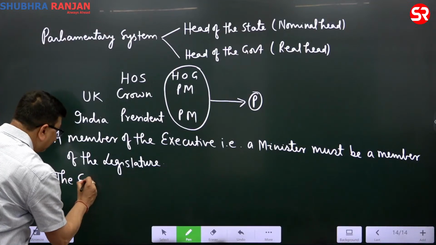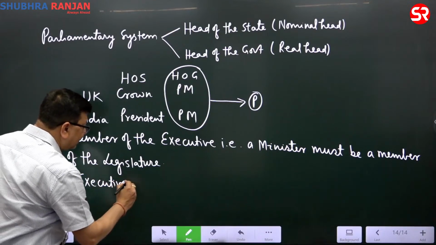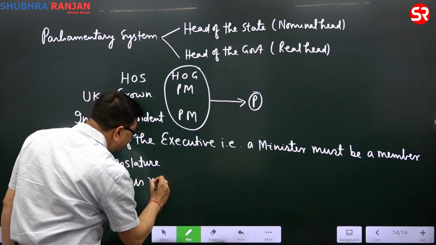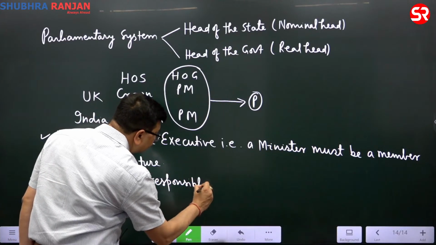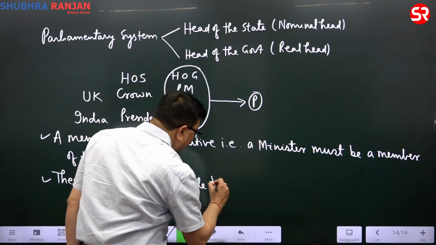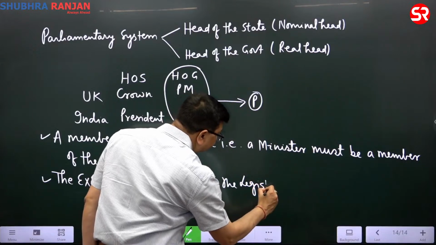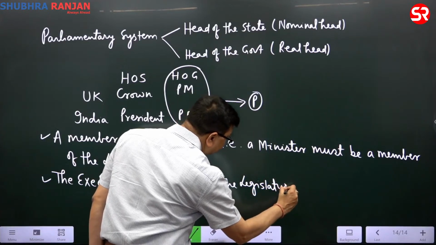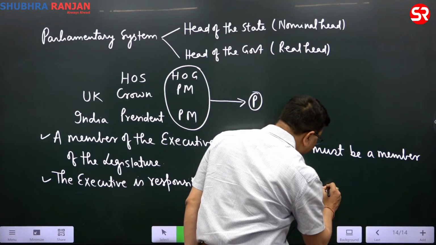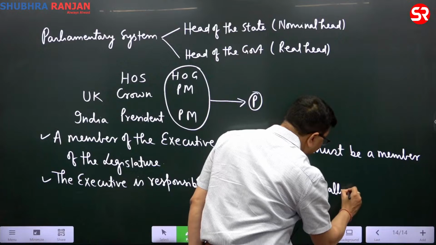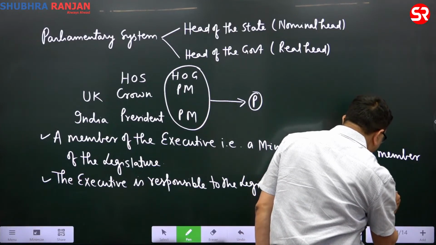Then thirdly, the executive is responsible to the legislature, especially the lower house.